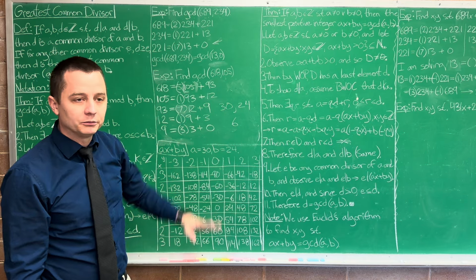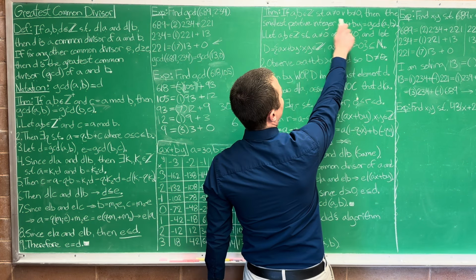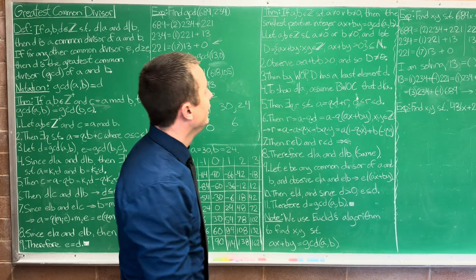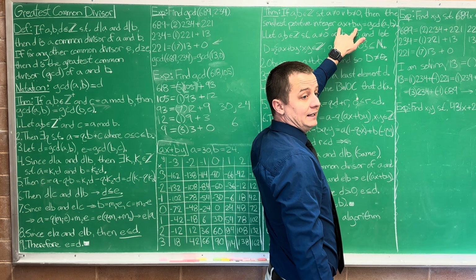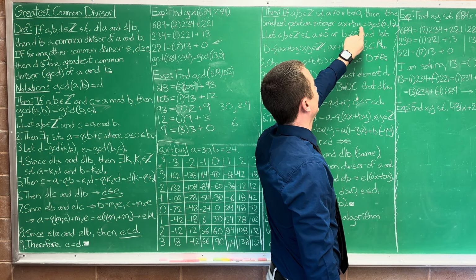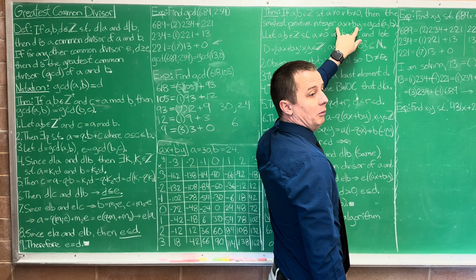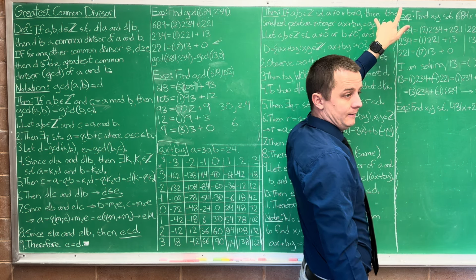So we need at least one of them to not be 0, otherwise this all breaks down. Then the smallest positive integer that I can get from ax plus by, so pick an x and y to make this the smallest positive integer possible, it will always be the greatest common divisor of a and b. That's what I'm proving.